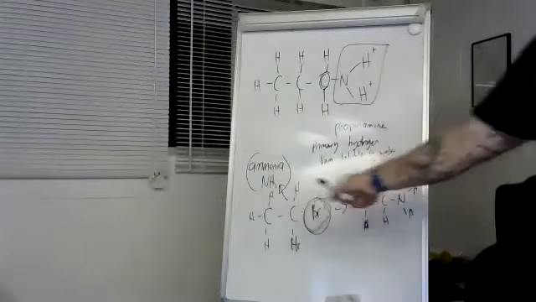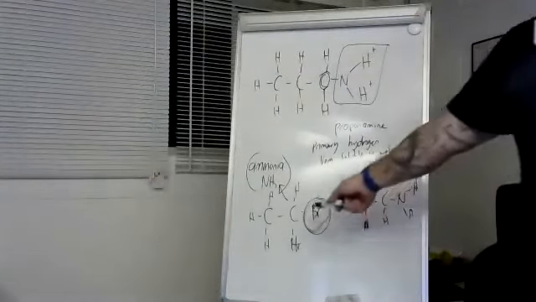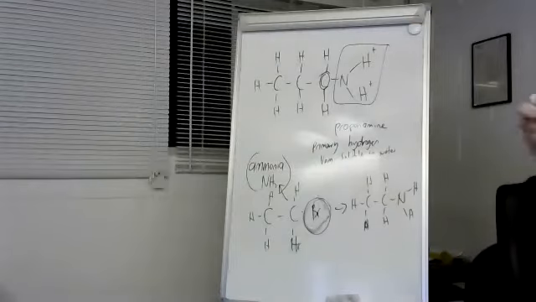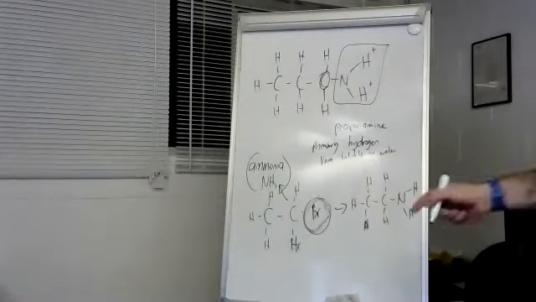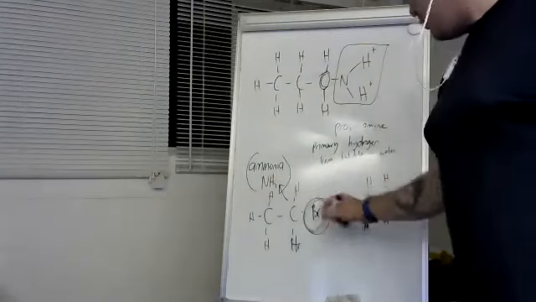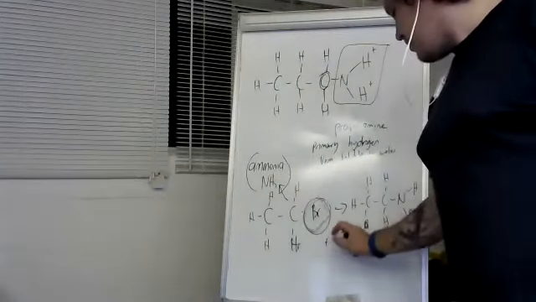So we add ammonia to our haloalkane. We get a substitution reaction at the bromine, which produces our amine.